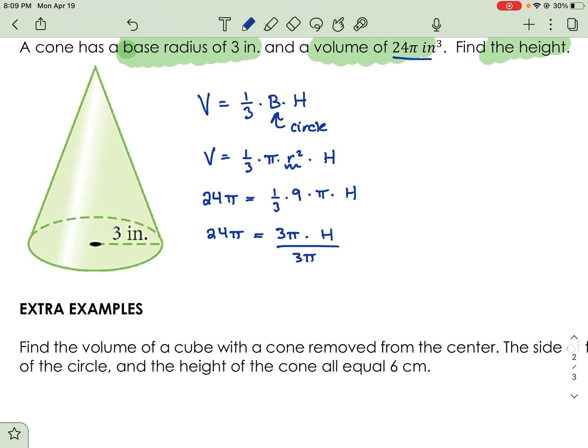Divide by 3 pi on both sides. You find out that the height of this pyramid, or this cone, is equal to 8 inches.